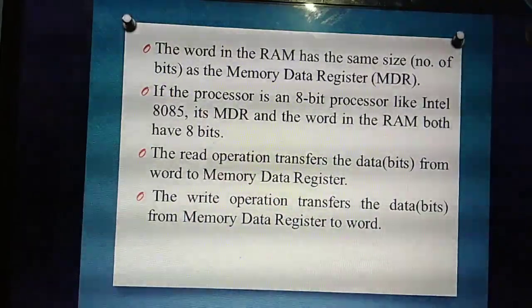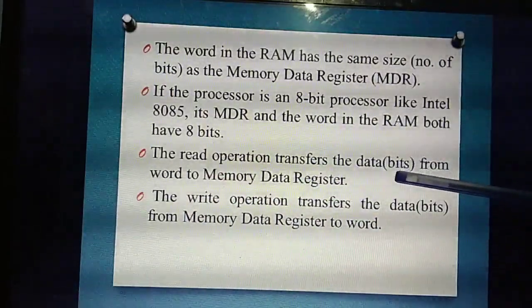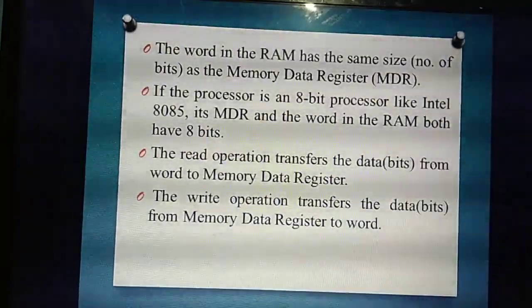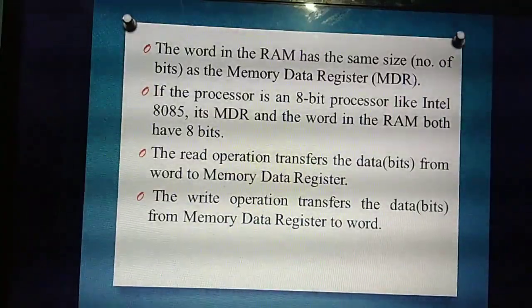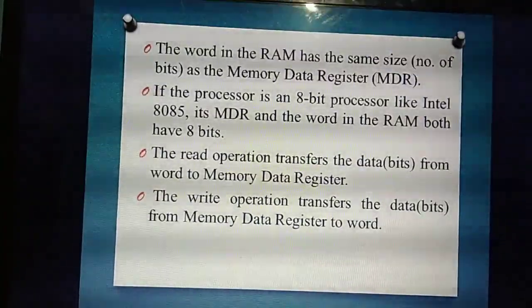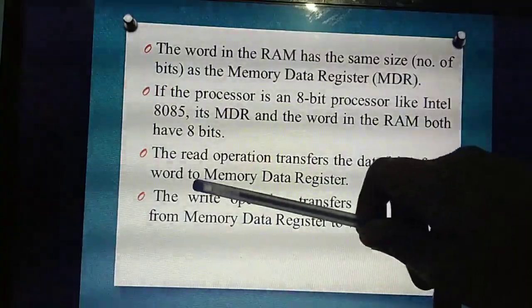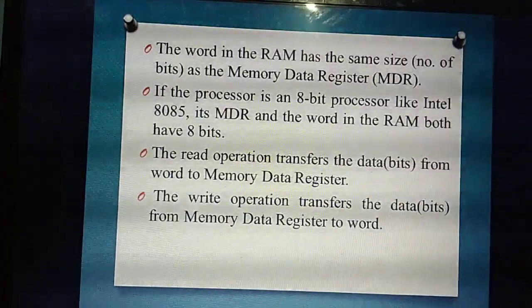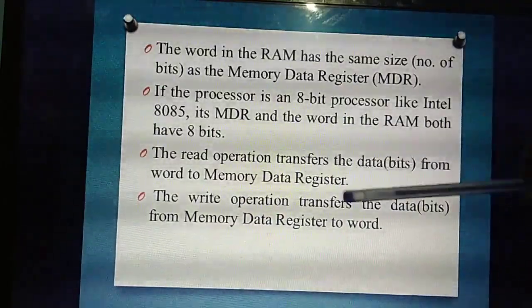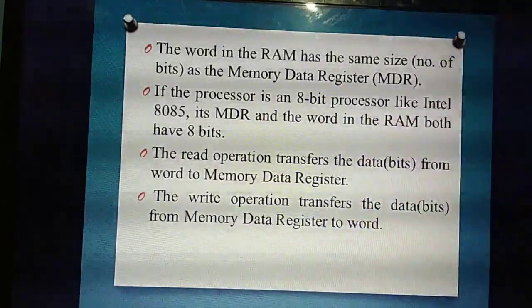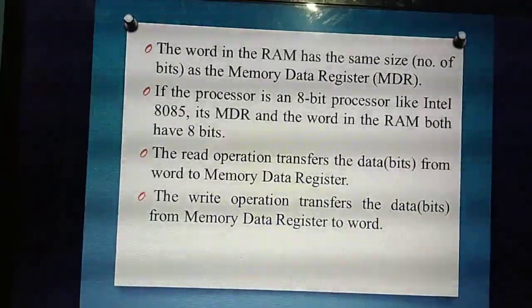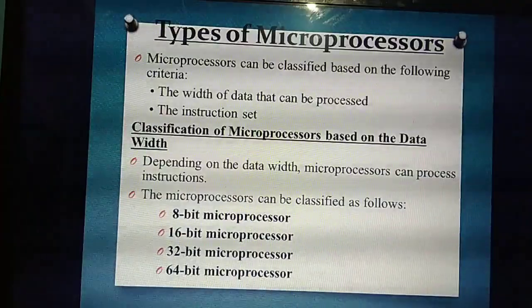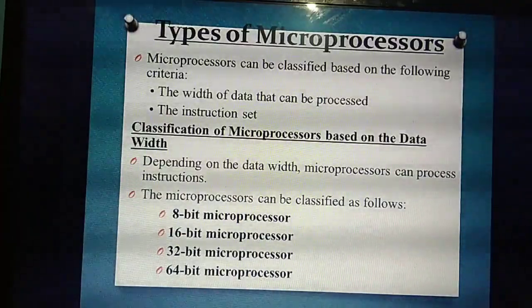The data means bits, the input you are giving, goes from word to MDR. But the write operation is just the reverse. The read operation copies or transfers from word to MDR, but the write operation transfers the data from where to where? MDR to word. Just the opposite. Understand this? Next we are going to study the types of microprocessor.